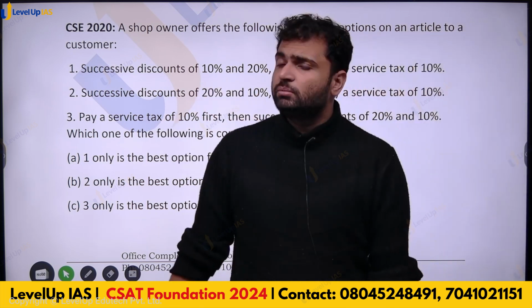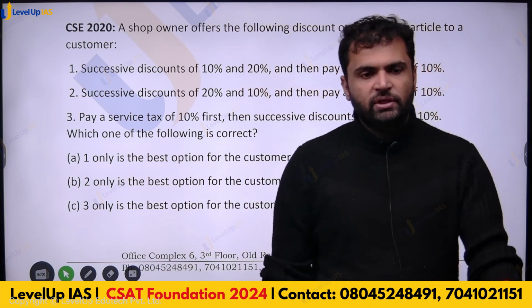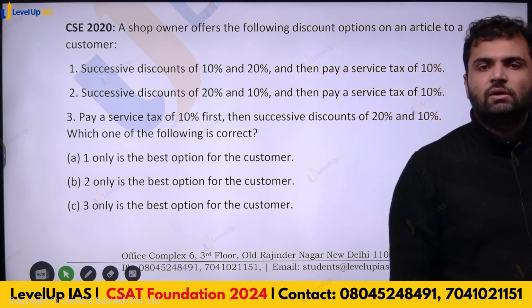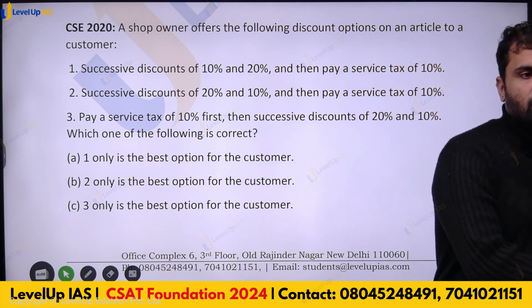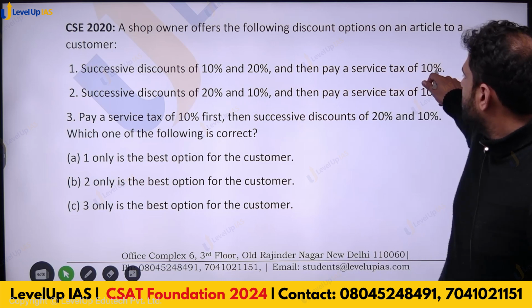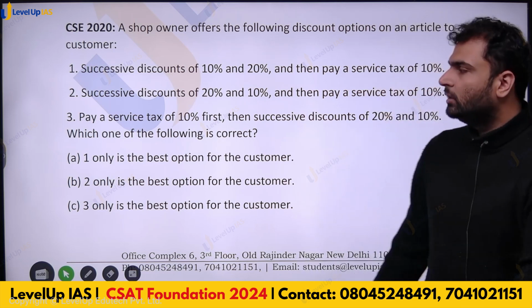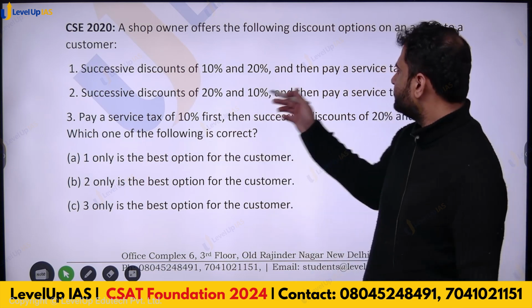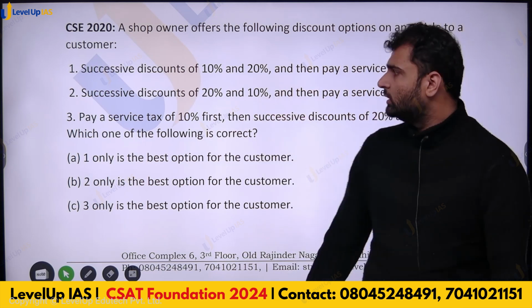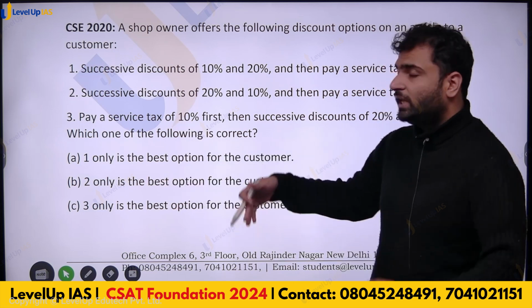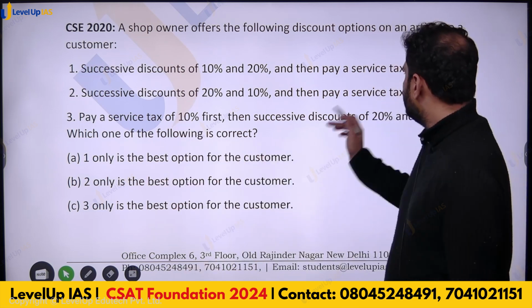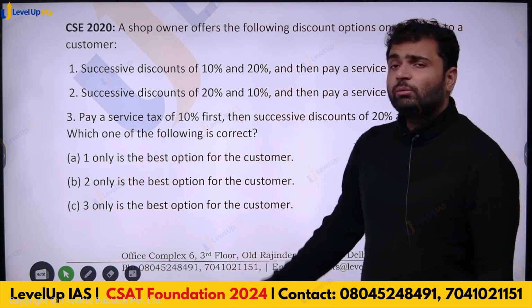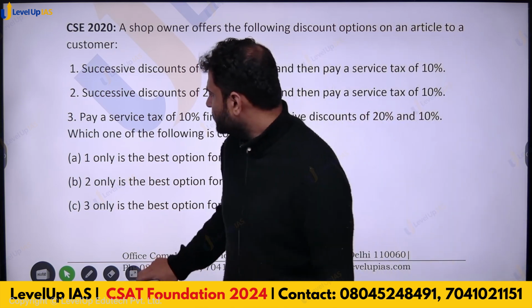What this means is, firstly he is giving a discount of 10%, and on the discounted amount he is giving a discount of 20%, and then he is charging service tax of 10%. That is the meaning. Second is, first he is giving 20%, then 10%, and then service tax of 10%. Third, pay service tax of 10% first, and then on that amount discounts of 20% and 10%. Question is, which of the following is best for the customer?